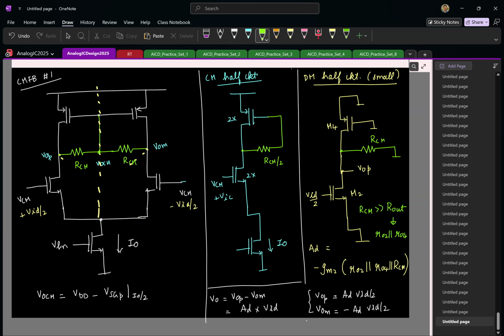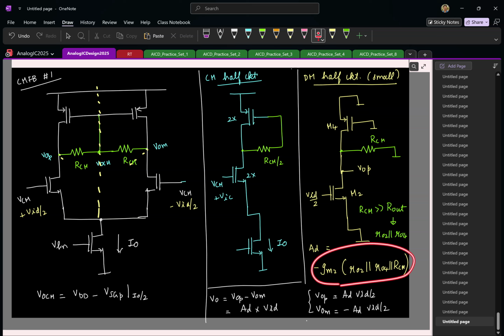So you have to choose my common mode sensing resistor to be significantly large compared to the existing output resistance, so that it does not affect my small signal differential mode gain. Because this is what we are finally interested in, and we should not be impacting this.